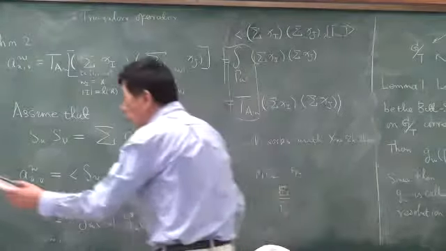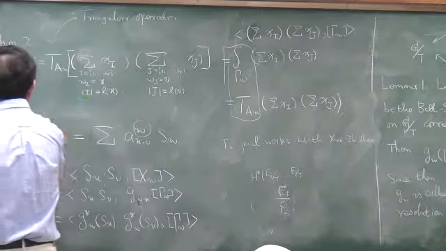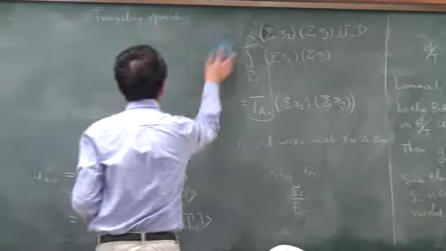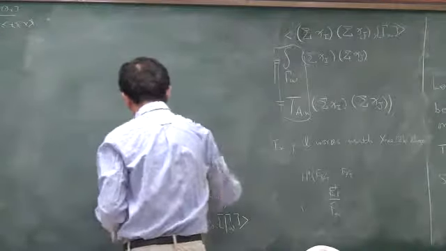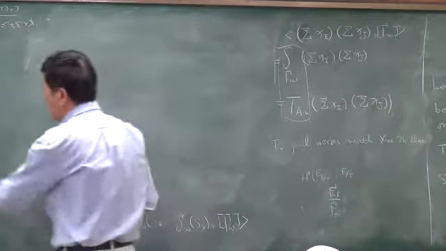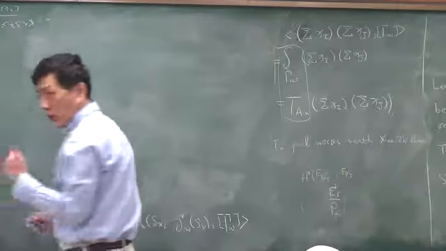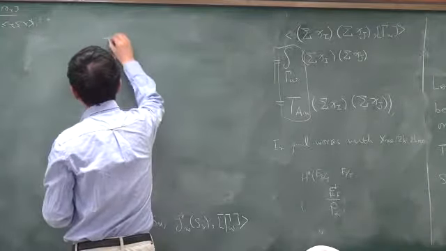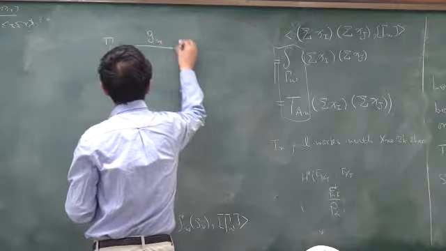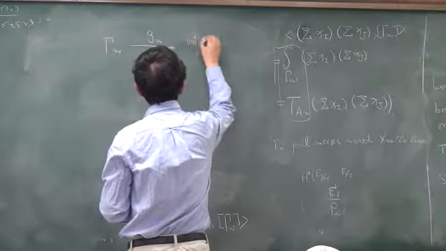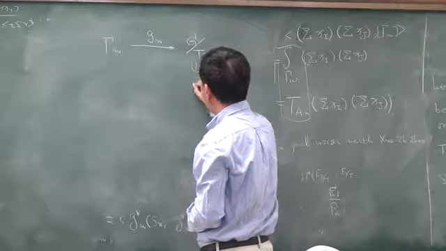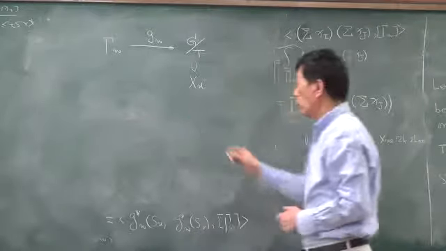Let me look directly at the homology, which will be easier. Take the map gamma_W from the Bott manifold into G mod T. Inside G mod T you have various Schubert varieties.